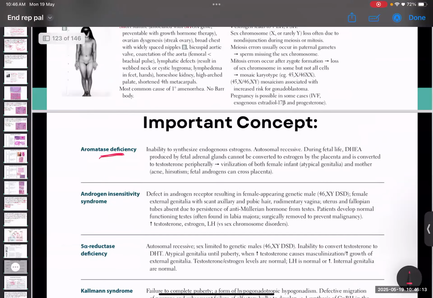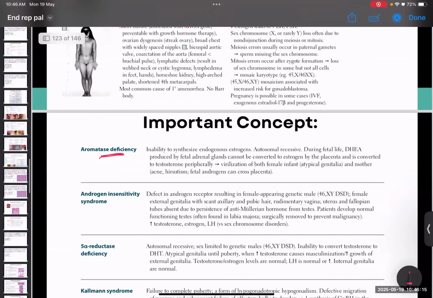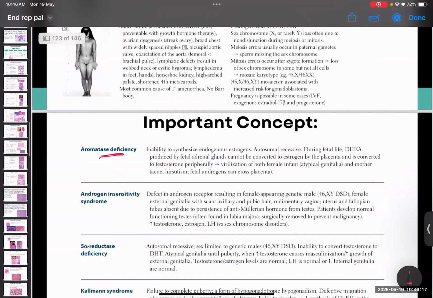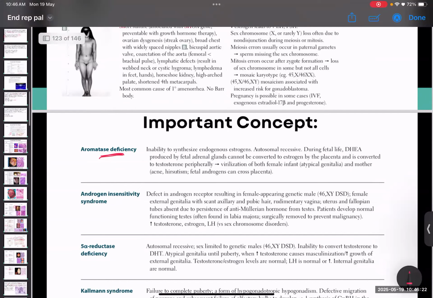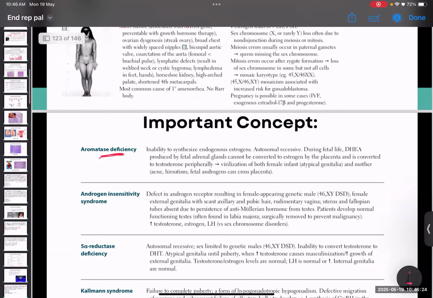So I definitely did make a mistake with that PCOS question where I told you guys that testosterone is converted to estrone with the help of 5-alpha reductase when it's actually aromatase.